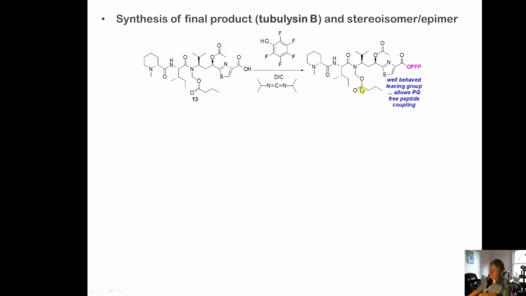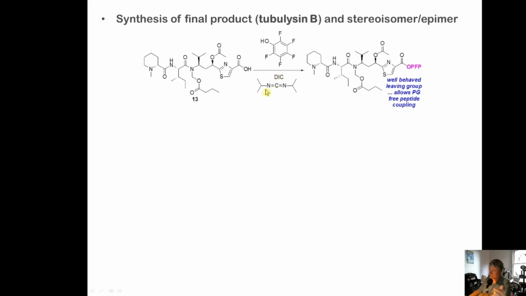Okay, so the first thing they did is they take molecule number 13, and they do a carbodiimide reaction, and you learned about this in my class, which essentially they're using DIC, diisopropyl carbodiimide.